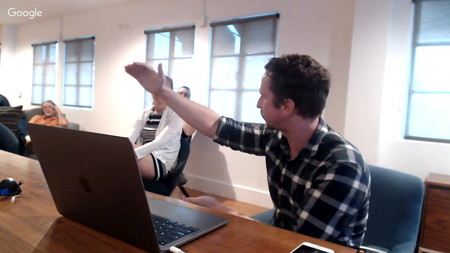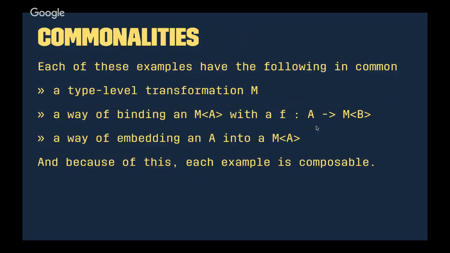Even though they don't quite compose, they're close enough to composing that you can do it anyway. And there's a way of lifting a base level value into an enriched one, right? If you have an A, you can turn that into an M of A. If you have a value, you can turn it into a promise that just immediately resolves. Because all of those things exist, we can build pipelines, we can chain things, and we get functions that are composable enough.